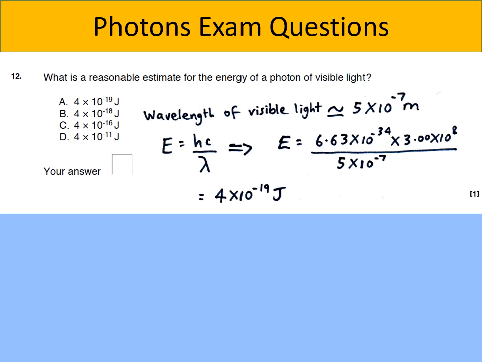So E is equal to hc over lambda gives us E is equal to 6.63 times 10 to the power minus 34 multiplied by 3 times 10 to the power 8, and then divide all of that by the wavelength of visible light, 5 times 10 to the power minus 7, which gives us 4 times 10 to the power minus 19 joules. So our answer is A.